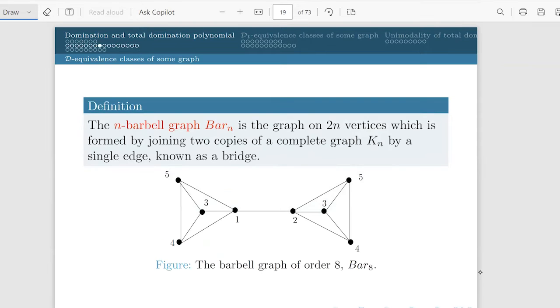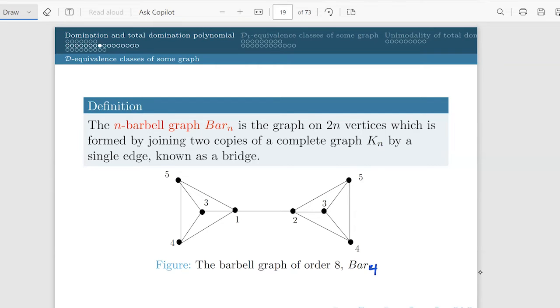And another example is the n-barbell graph, denoted by Bar_n, which has order 2n and is formed by two complete graphs K_n and a single edge as a bridge. For example, you see here the barbell B4, of order 8.